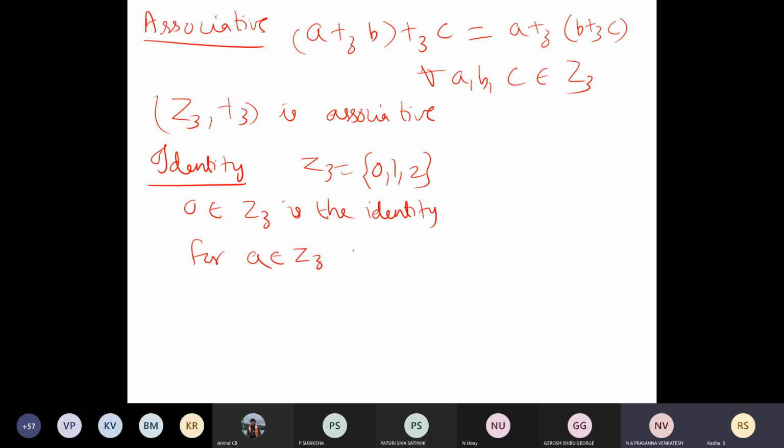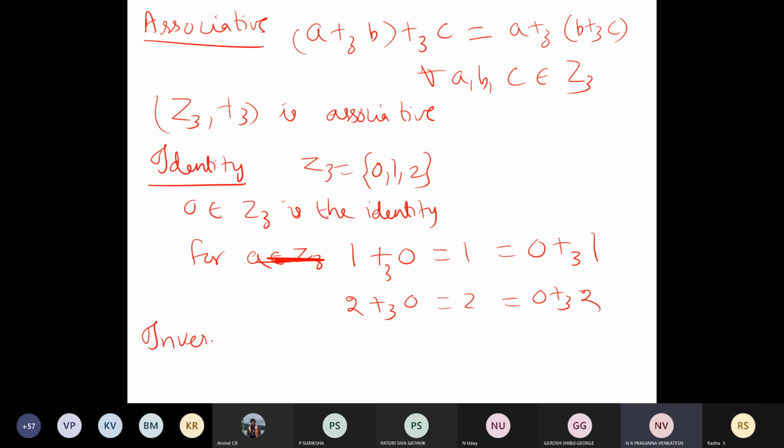Here there are only 3 elements. Take 1: 1 plus 0 is also 1, and 0 addition modulo 3 1 is also 1. Similarly, 2 addition modulo 3 0 is 2, and 0 addition modulo 3 2 is also 2. We are getting back the same element. So 0 is the identity.